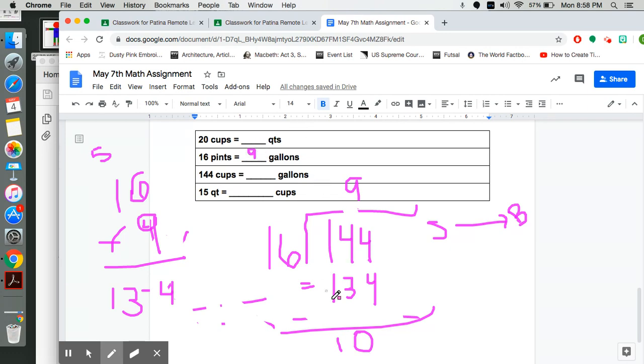So 9 gallons exactly. So between 9 and 10 gallons is going to be my accurate estimate up here.